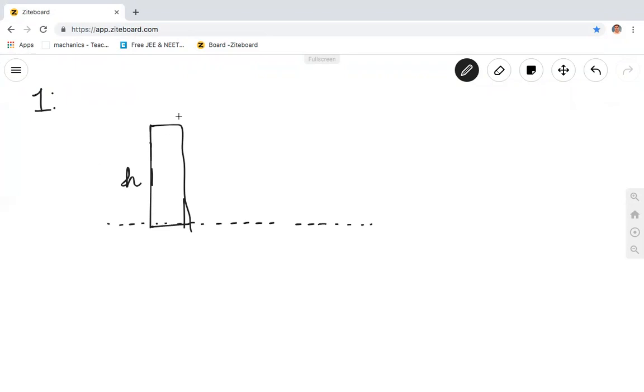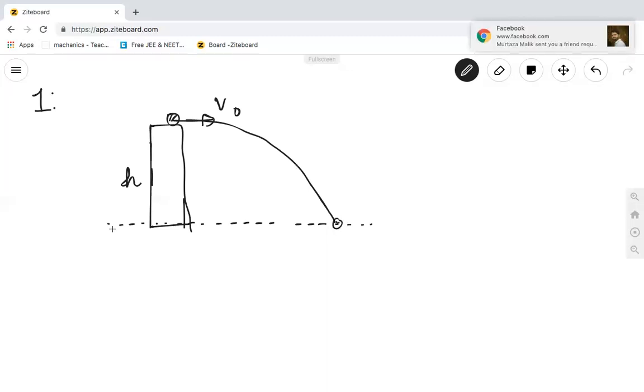And from here, we throw an object with velocity v0. It falls like this and hits the ground.